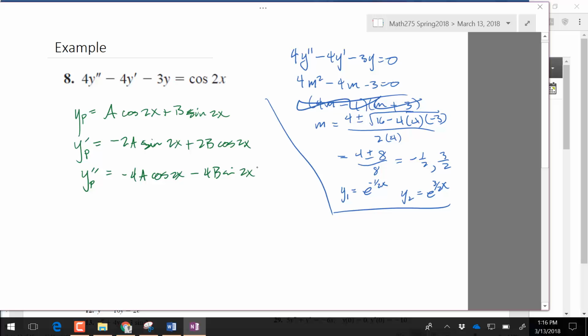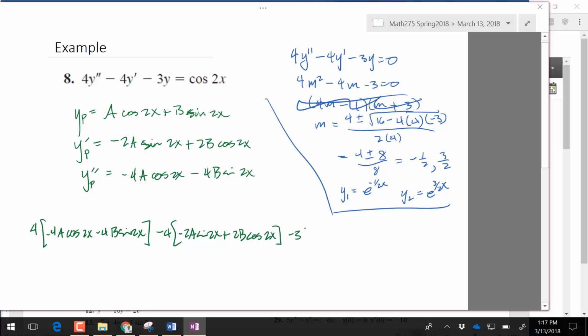All right, then we get to insert those into the differential equation. So we got minus 4a cosine 2x minus 4b sine 2x. So that's our second derivative. Our first derivative is minus 2a sine 2x plus 2b cosine 2x.